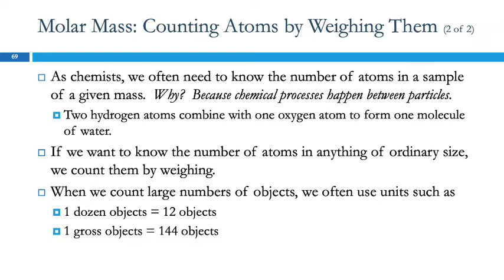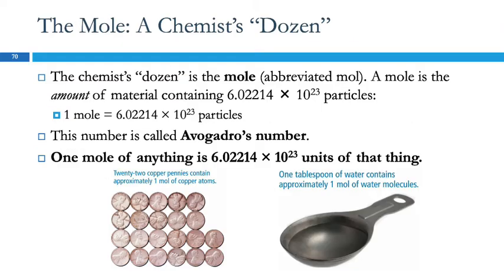Well, those units are all too small for our purposes, so we have our own unit, sometimes referred to as the chemist's dozen. Instead of 12 things, it's 6.02214 times 10 to the 23rd things. It's a really big number. This unit is called a mole.